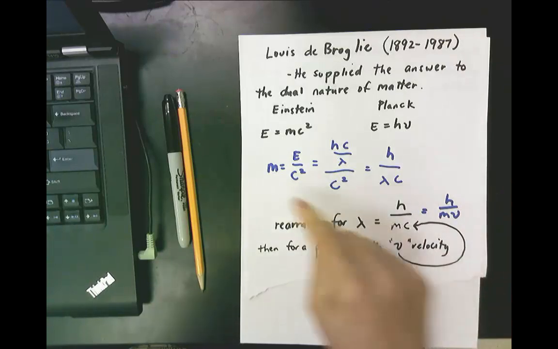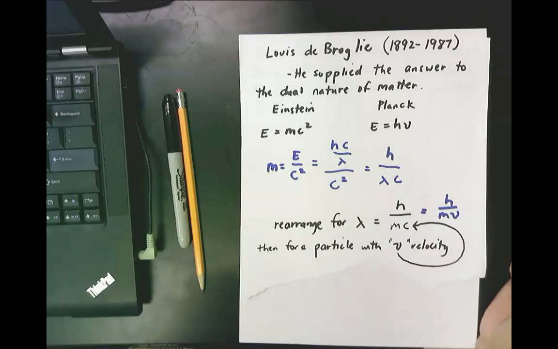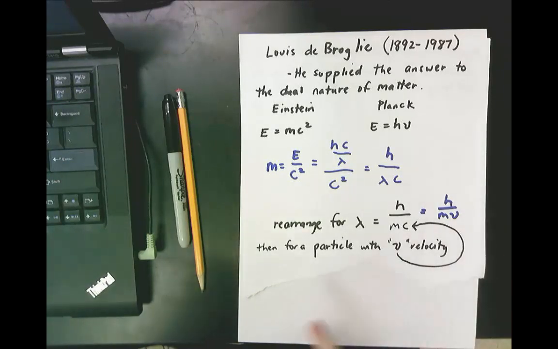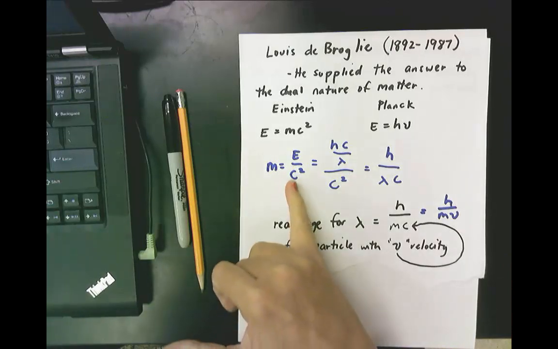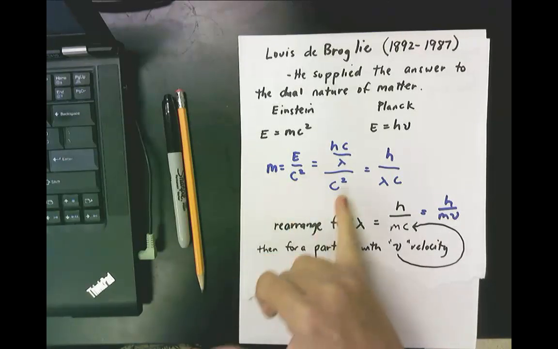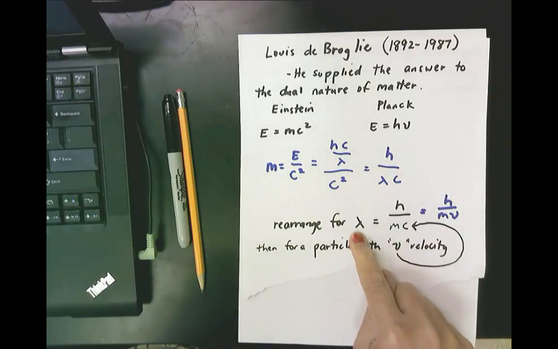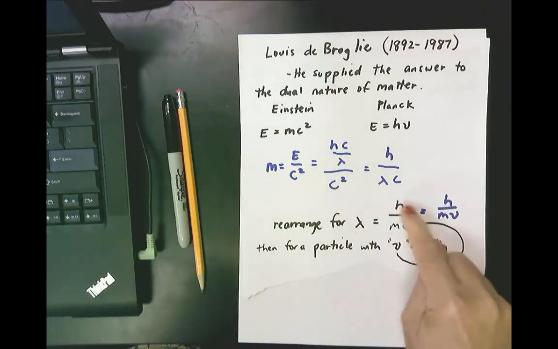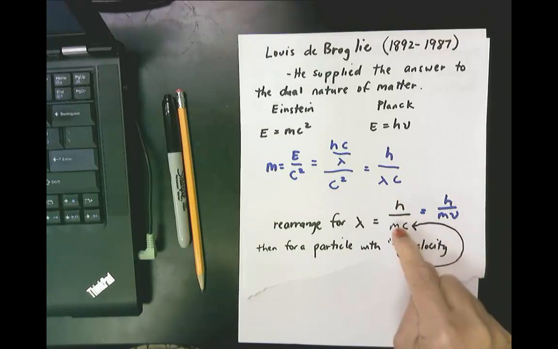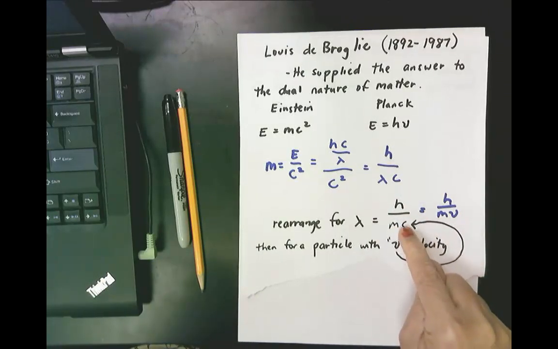He put them together and showed that it's possible to calculate the wavelength for a particle. And so he took Einstein's work, and then there's Planck's work, and he put them together. He rearranged for wavelength, and he came out with Planck's constant divided by mass times the speed of light.